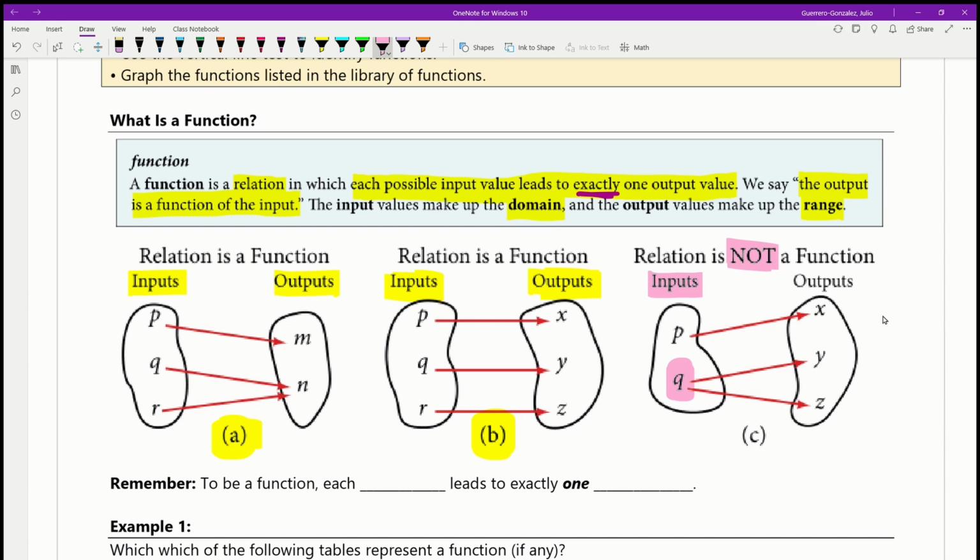This right here is what messes it all up. This is what screws up our definition of a function. Because Q goes to two outputs, the relationship for C is not a function. The thing you have to remember is that each input goes to exactly one output.